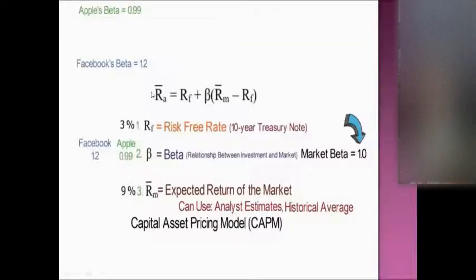You see, RA equals RF plus B, open parenthesis, RM minus RF. Let's try to break it down to make this a bit simpler. RF stands for risk free rate.